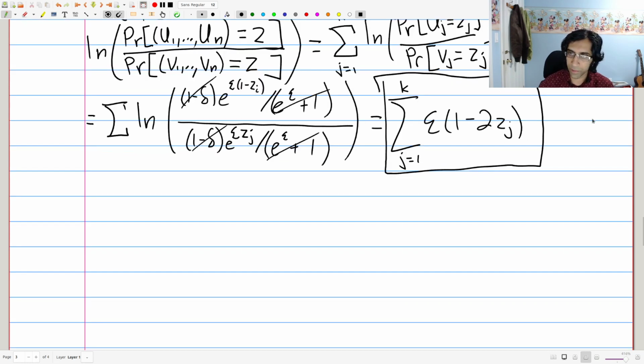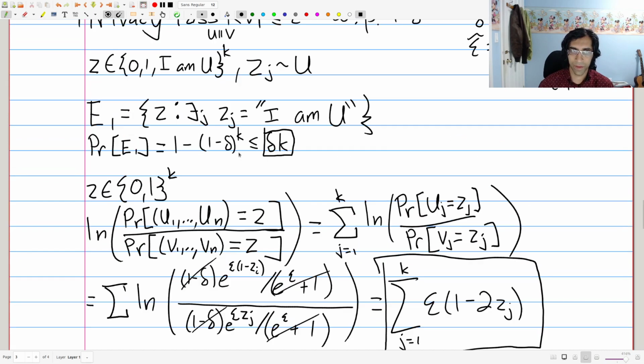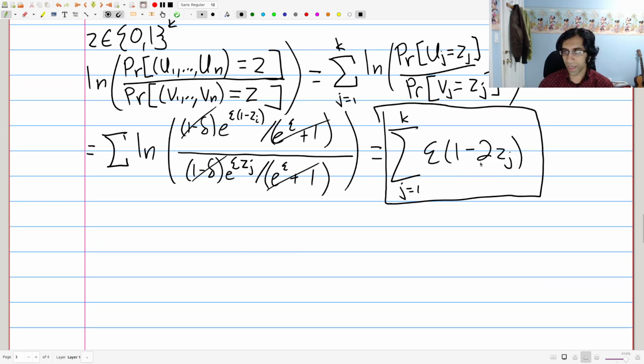Let's see this in particular. What we have is that zj is going to be distributed as u. You can see that each term is going to take one of two different values.